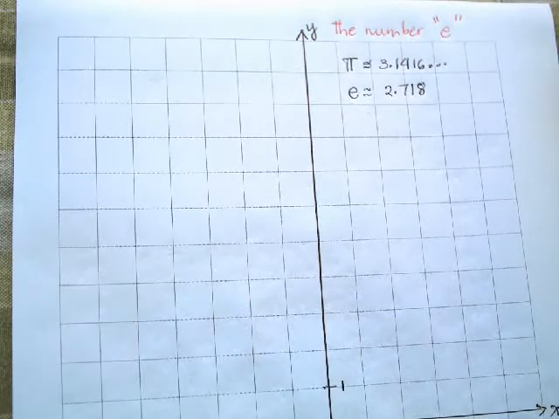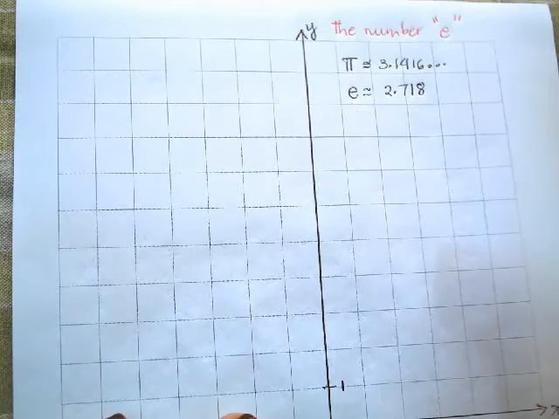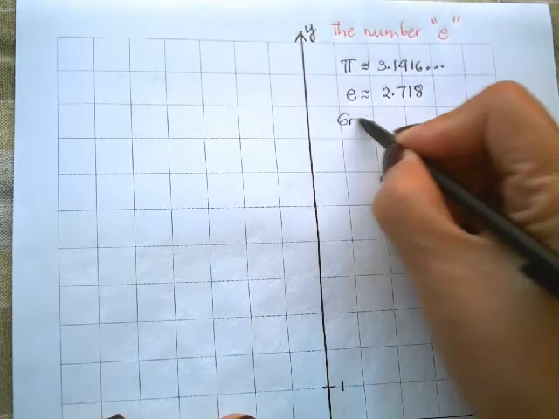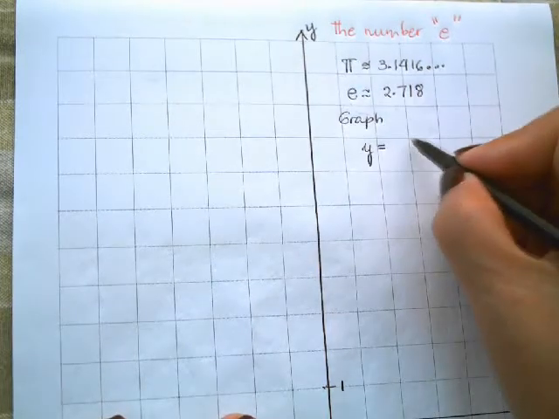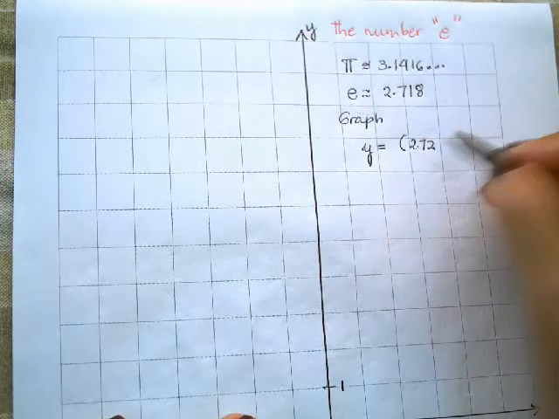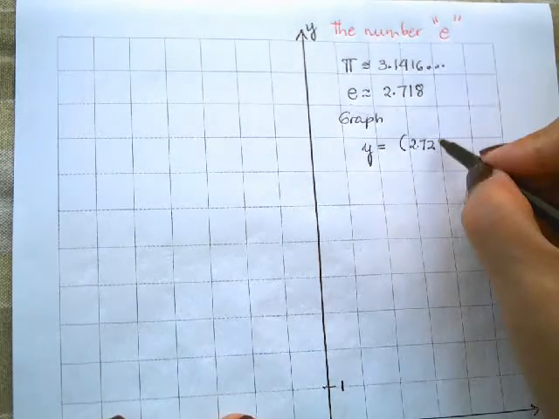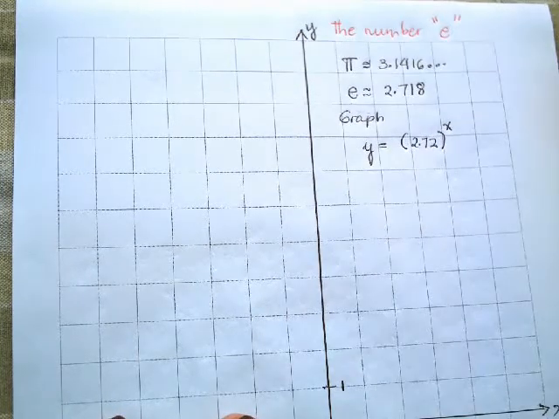If I want you to graph, let's say, 2.718 as our base, how do we graph? y equals 2.718 raised to x.